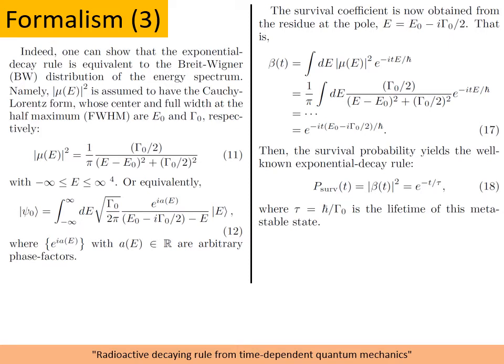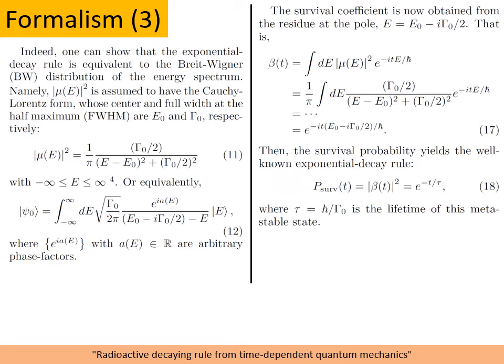Then, the survival coefficient corresponding to this equation 12 is now obtained from the residue at the pole at E0 minus iΓ0/2. Following some calculations, β(t) is finally concluded as this form in equation 17. Then, the survival probability yields the well-known exponential decay rule, that is nothing but the absolute square of this β(t), that is the decaying exponential function.